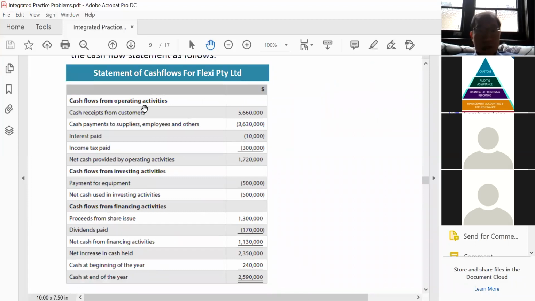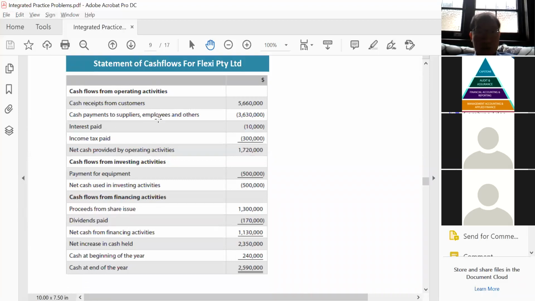And so the statement of cash flows for Flexi Pty Ltd is broken down into 3 components: the cash flows from operating activities, the cash flows from investing activities, and then finally the cash flows from financing activities.